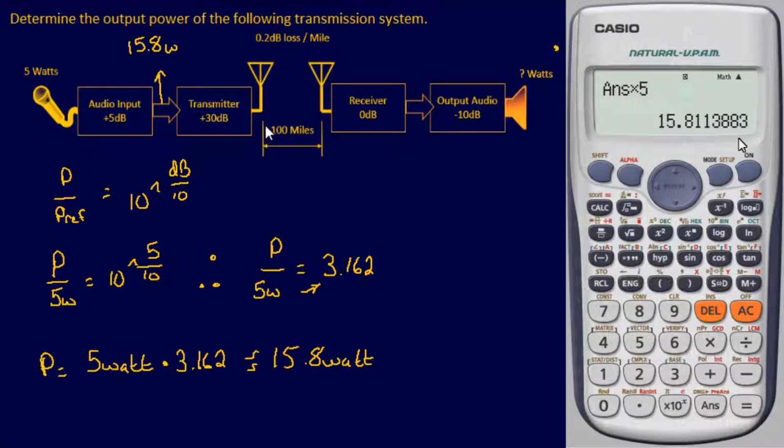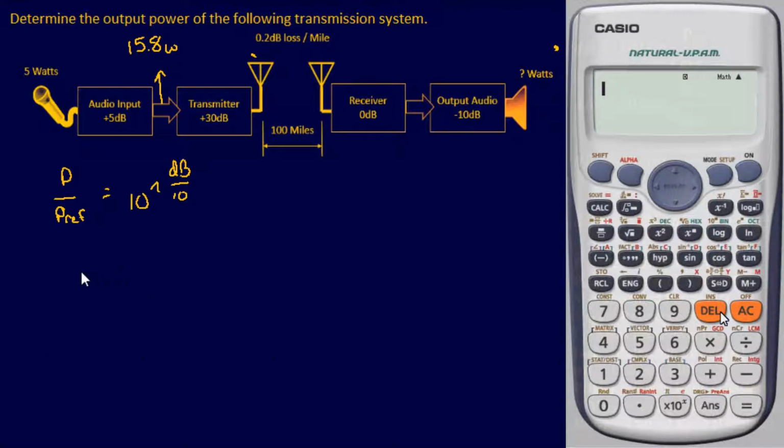Okay, now we're going to do the same thing. We're going to go and try to find the output power right there. So same thing, I'm going to erase some of this. And same thing, I want to find P over our reference. Now our reference for this one is going to be 15.8 watts. 15.8 watts equals anti-log. Now for this one, it's going to be 30 decibels. And you basically have to take this one step at a time.